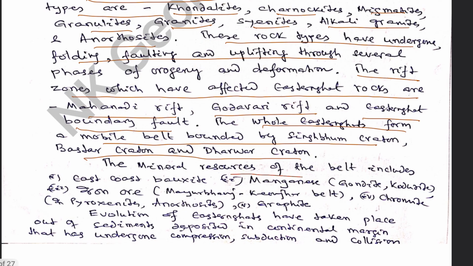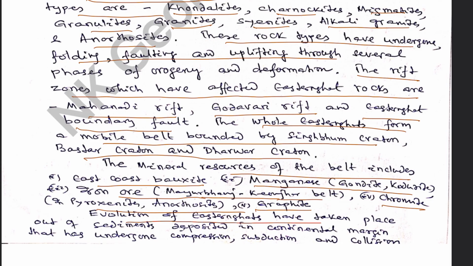The mineral resources of this belt include East Coast bauxite, manganese of Gondite and Kodurite type in Odisha and Andhra Pradesh, iron ore in Mayurbhanj, Odisha, Keonjhar belt, and chromites that occur within pyroxenites and anorthosites. Graphites occur with khondalites.